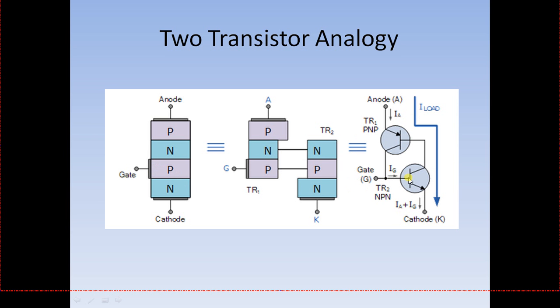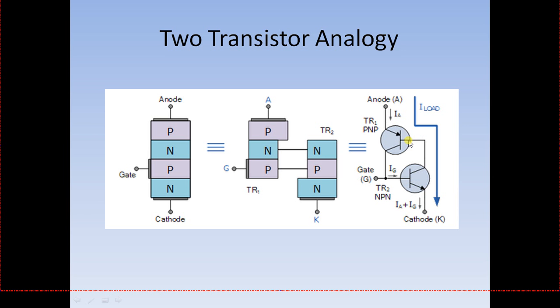As Ig is present for TR2, the transistor starts conducting. There will be a current flowing in this direction. As there is a current flowing in this direction, the current from the anode flows through its emitter, then the base, and from here the circuit completes till the cathode.